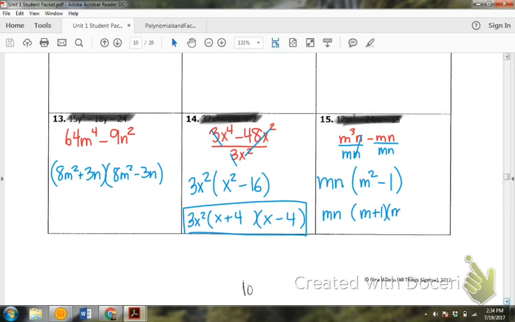That's why I was held up. So I have m plus 1, m minus 1. See that? You've got to be on the lookout for the ones. What was messing me up is that I did mn and it didn't register that I still had m squared. You've got to be careful. Okay, any questions on this page?